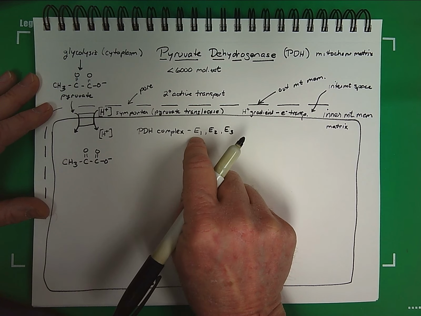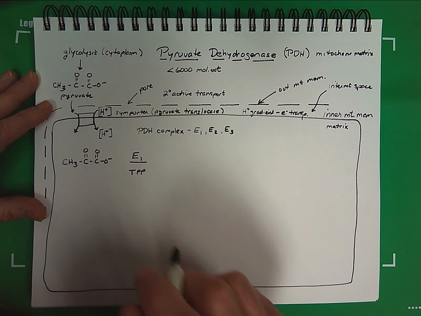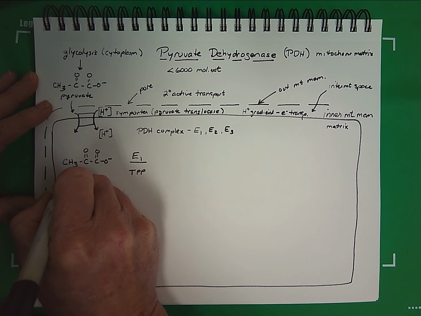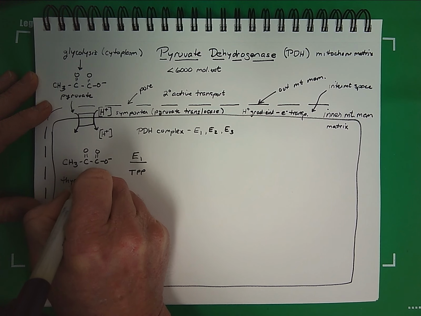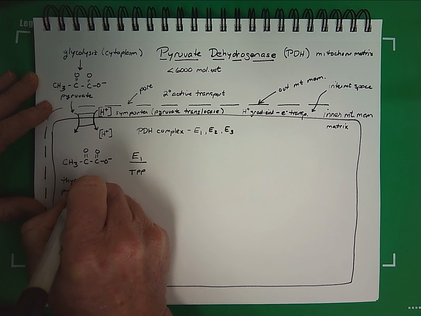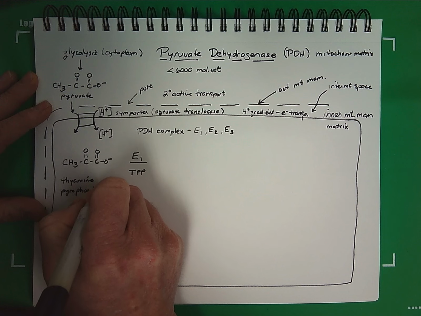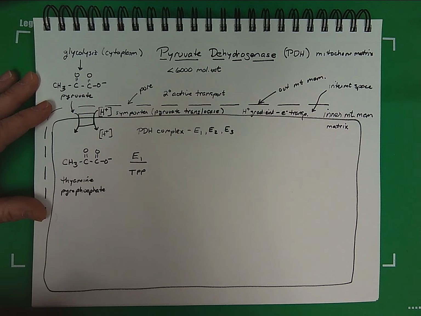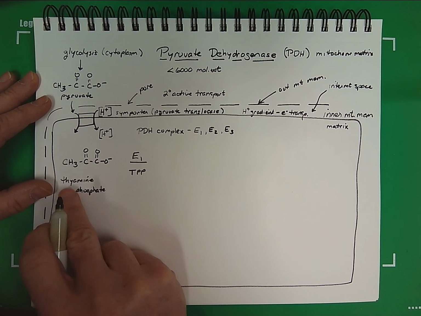This particular enzyme has bound to it a cofactor called TPP. TPP stands for thiamine pyrophosphate. This originates from a vitamin.